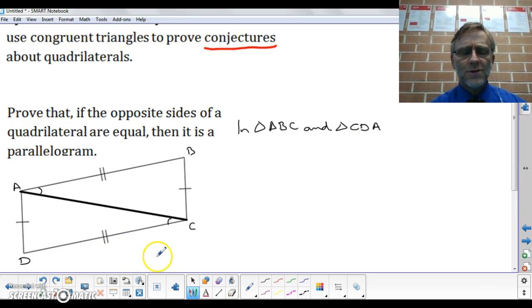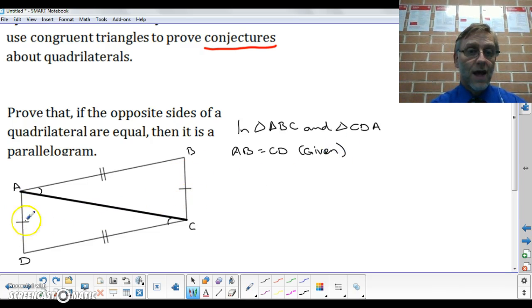Now I'm going to use what sort of proof for this? I've got this side the same, those sides are the same, and this side is common. So it looks like a side, side, side proof. So let's do one. I'm going to say first side, AB is equal to CD. How do I know? It's given, I've got dashes on it. It says that the opposite sides of this thing must be equal.